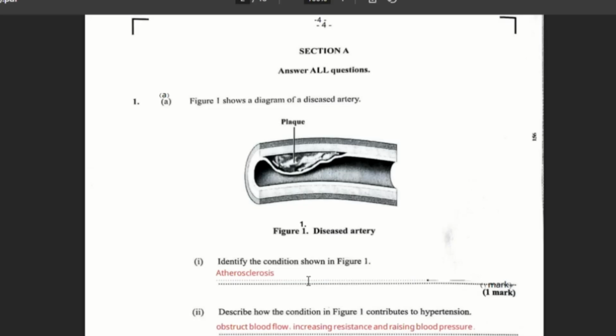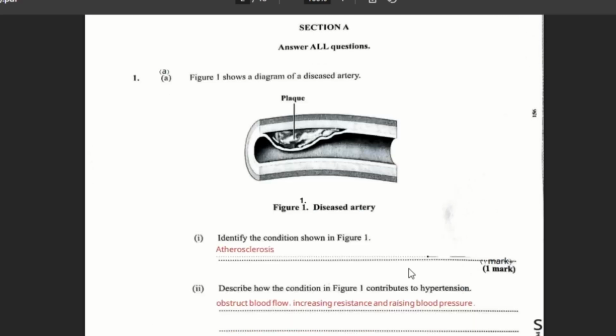We cannot pronounce it, but this is the condition right here. This is the condition that causes diseased arteries, where we have plaque building up. As you can see, it's literally a build up, because naturally the blood is supposed to pass through, right? Because an artery is a blood vessel. Now when you have this plaque, it's blocking the blood flow and can lead to this disease right here. So this would be the answer for number 1.